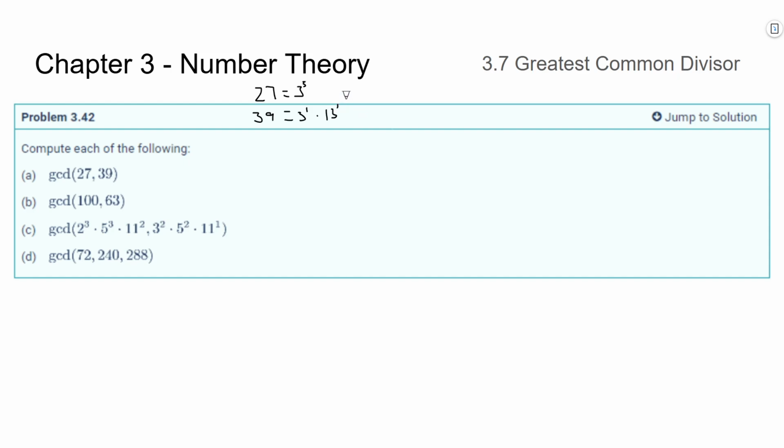Okay, and so the GCD would be what's the largest common power for 3? It's going to be 3 to the 1, and no 13. So the GCD for this is just going to be 3.